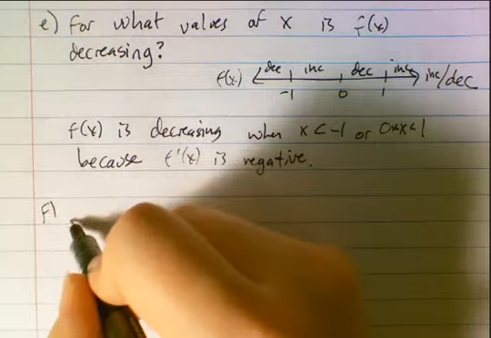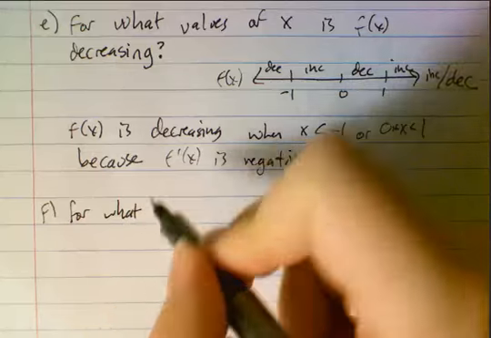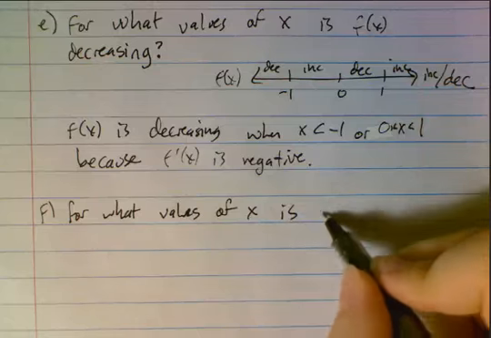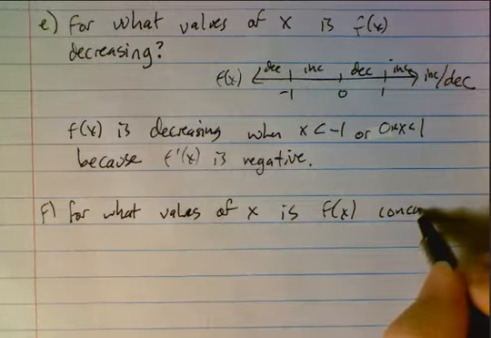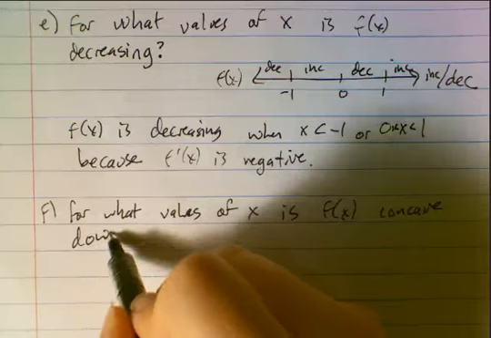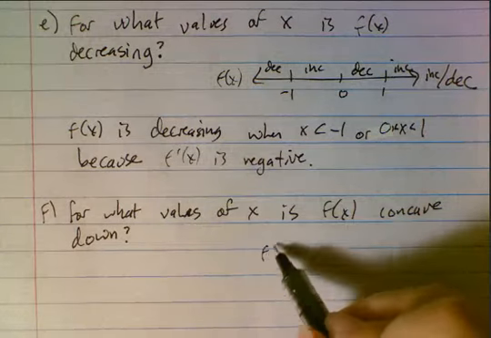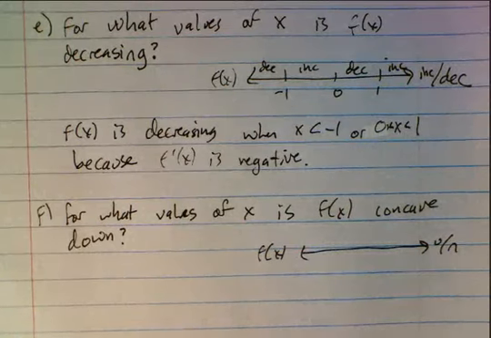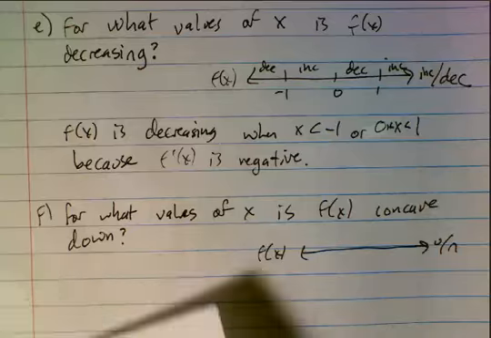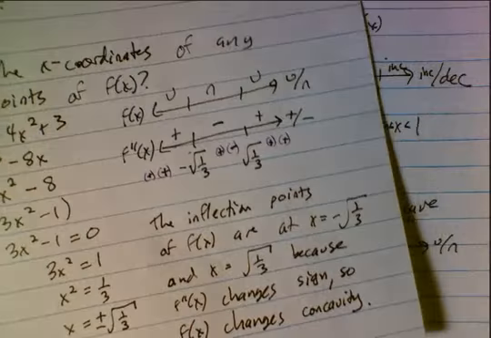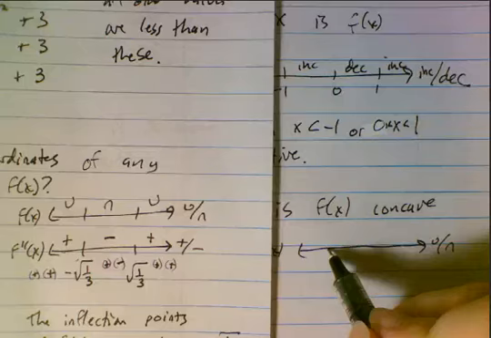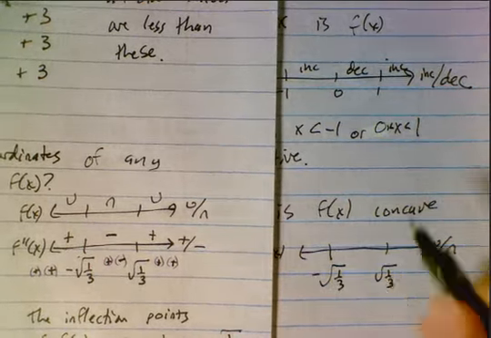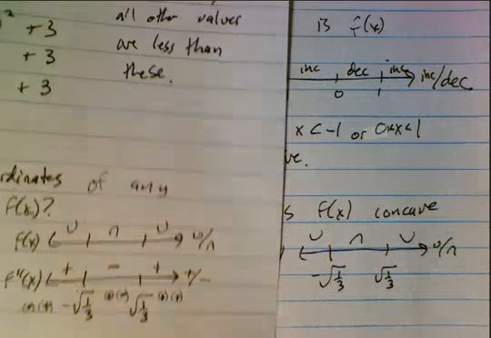Similarly, we could ask for what values of x is f of x concave down. That's clearly an f of x, and concave down comes from concave up and down. And we just found that in a previous problem. So here this is negative root 1/3. This is positive root 1/3, and it was concave up, concave down, concave up.